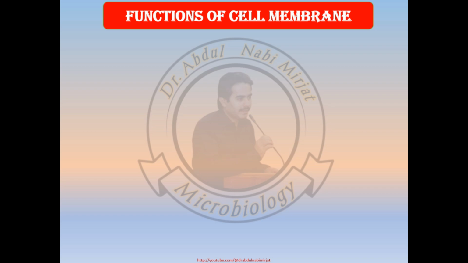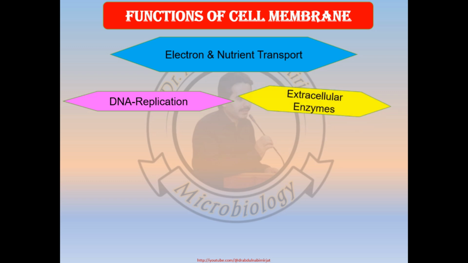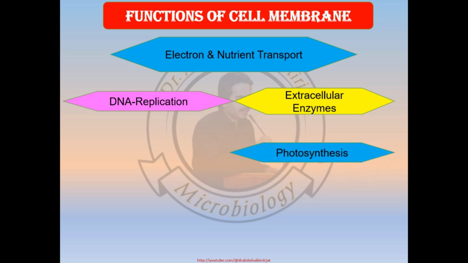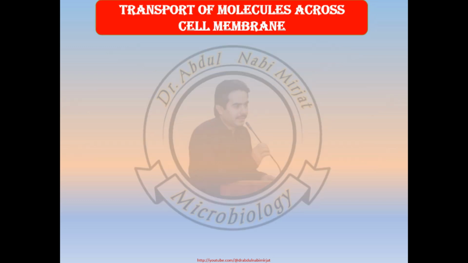The other functions of the bacterial cell membrane include electron and nutrient transport, help in DNA replication, secretion of extracellular enzymes, photosynthesis, help in cell division, and also a role in chemotaxis.